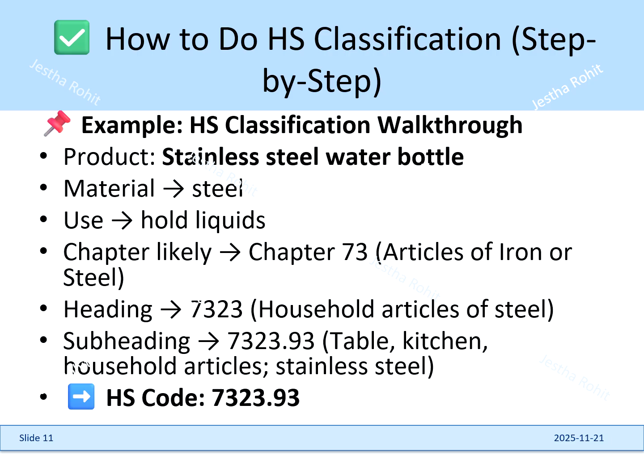Heading 7323: household articles of steel. Subheading 7323.93: table, kitchen, or household articles of stainless steel.